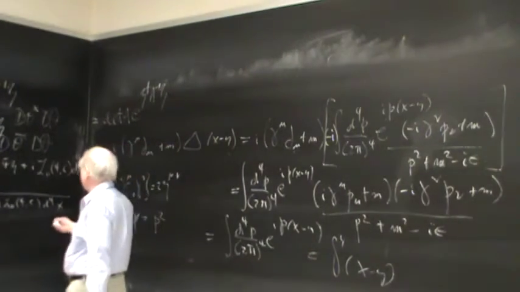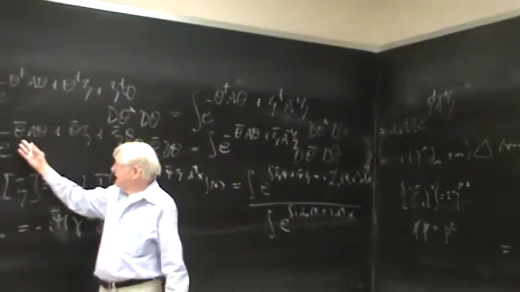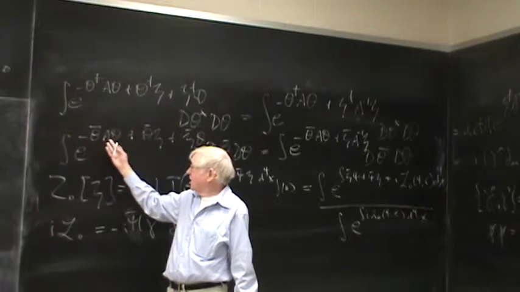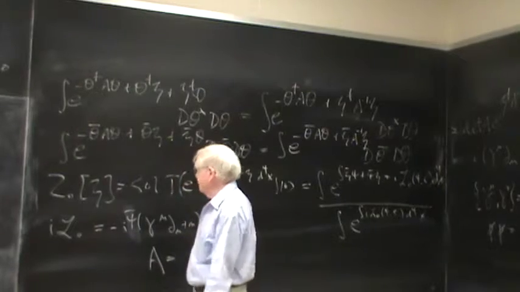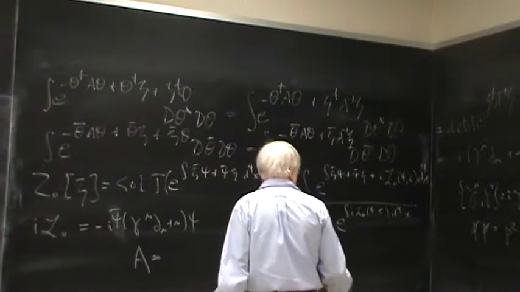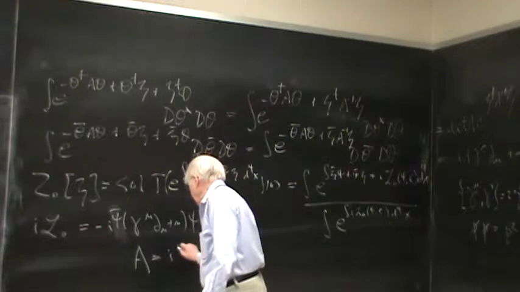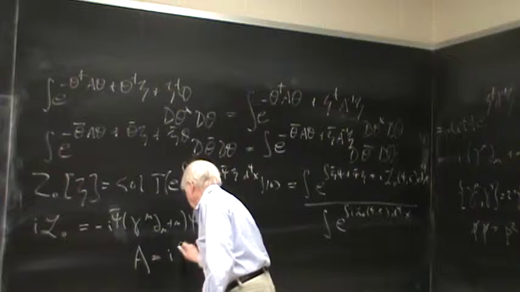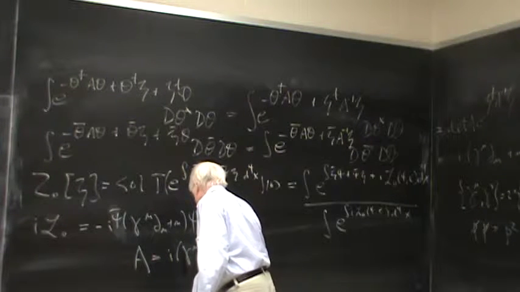And so this structure here is in fact of the form e to the minus psi bar A psi, where A is equal to i gamma mu d mu plus m.